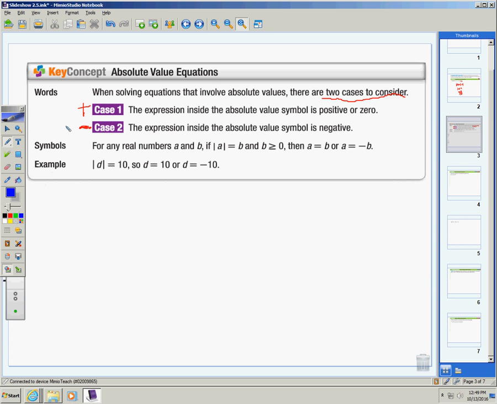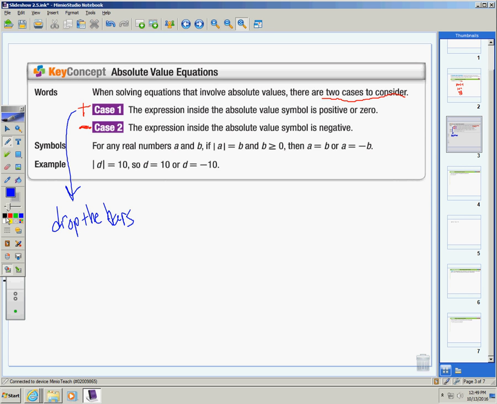If you have a positive case, underneath this, just write "drop the bars." This means in case one, we're just going to drop the absolute value bars.